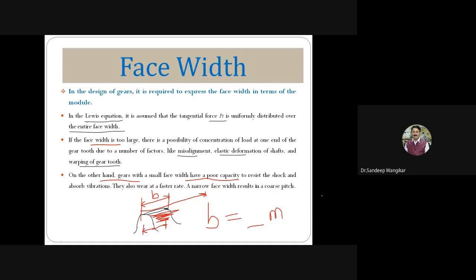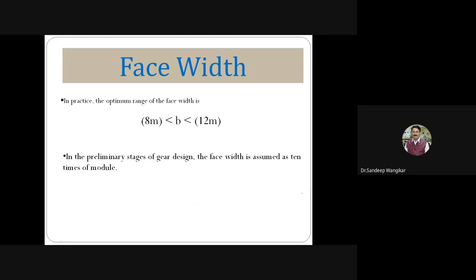So what is the exact formula required for this? In practice, the optimum range of face width is taken from 8 times the module to 12 times the module. The face width is denoted by B, so 8m < B < 12m.